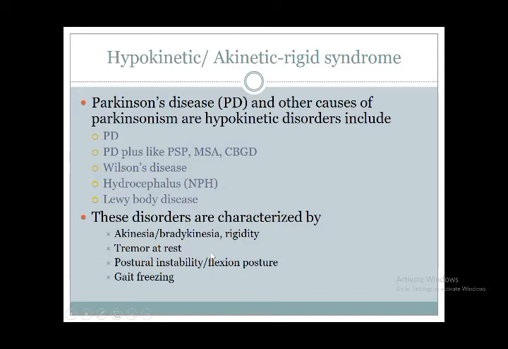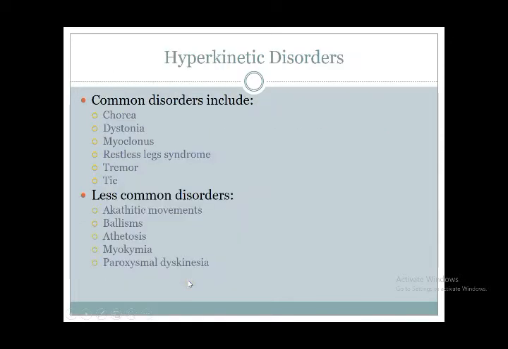They are characterized by akinesia or bradykinesia, rigidity, tremor at rest, postural instability, flexed posture, so frequent falls, gait freezing and difficulty in walking. While the most common hyperkinetic extrapyramidal disorders are chorea, dystonia, myoclonus, restless leg syndrome, tremor, and tic disorders. These are the common hyperkinetic disorders resulting from damage or dysfunction of the extrapyramidal system. These are less common disorders.